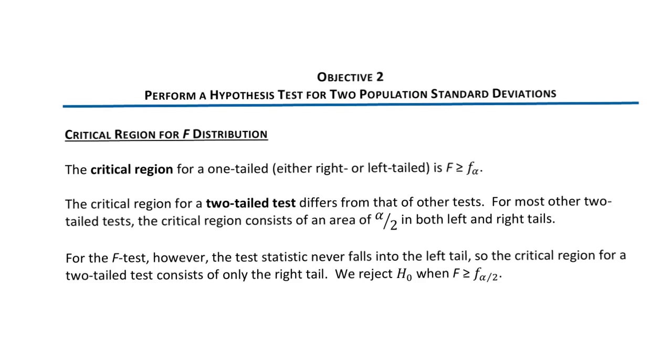Because we compute the test statistic by dividing the larger sample variance by the smaller sample variance, the value of the test statistic is never less than 1. Therefore, the test statistic cannot fall into the left tail of the distribution.